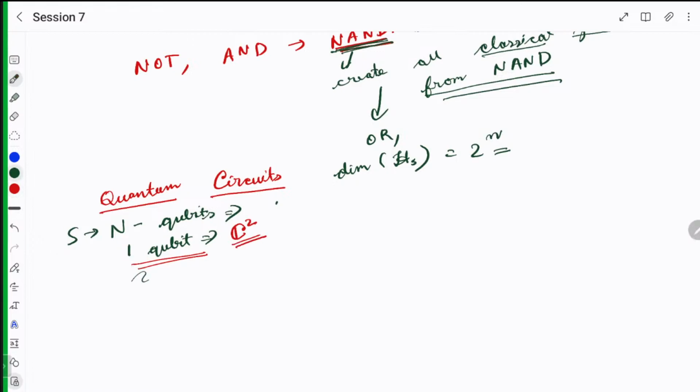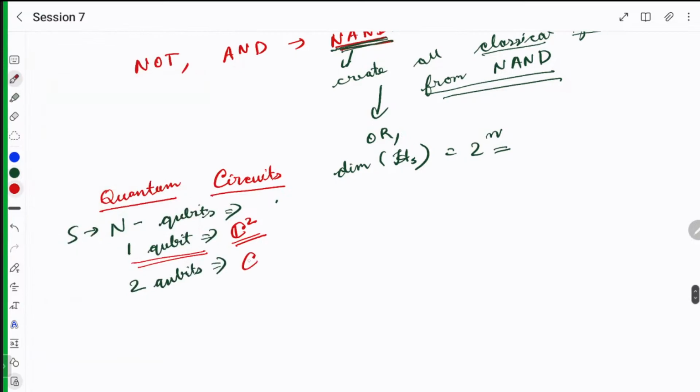And last class we learned that if there are 2 qubits, then it is a tensor product space. So it would be C2 tensor C2. Yeah, Anmol, you are right, it would be Cn tensor Cn. No, it will not be Cn tensor Cn. I'm sorry, that's not right, actually. So 2 qubits is C2 tensor C2.